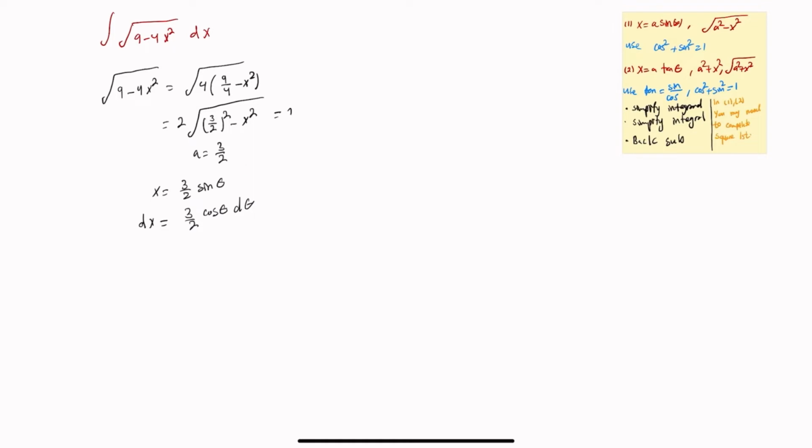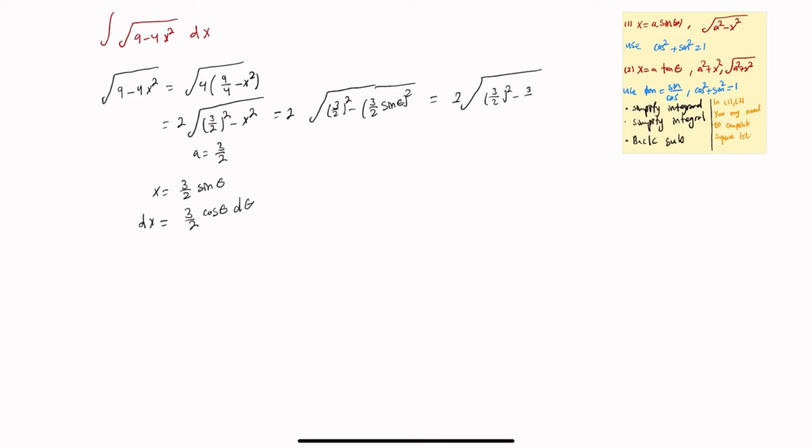So it's going to be equal to 2, and then the square root of 3 over 2, both squared, and then minus x squared is going to be just 3 over 2, and then sine of theta, both squared. This is going to be equal to 2 multiplied by the square root of 3 over 2 squared, and then I'm going to distribute the square to both terms in the second term.